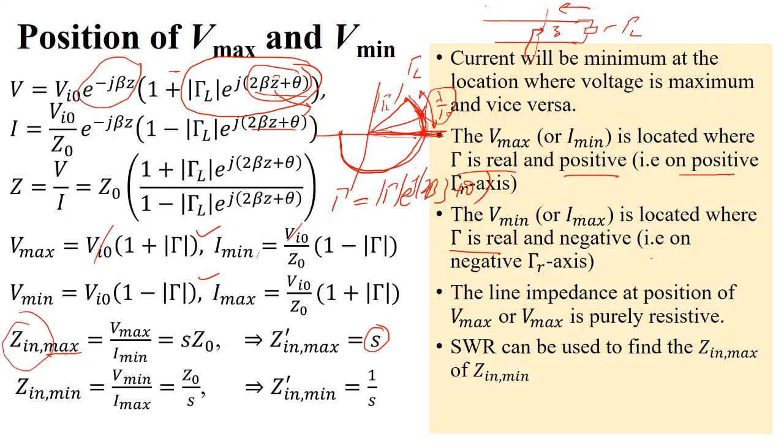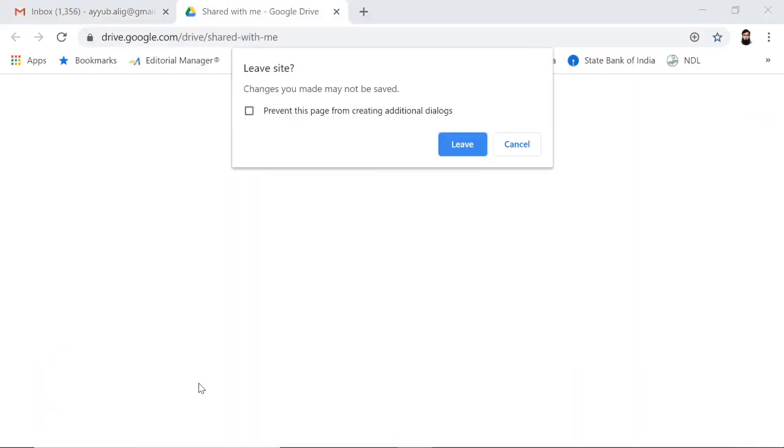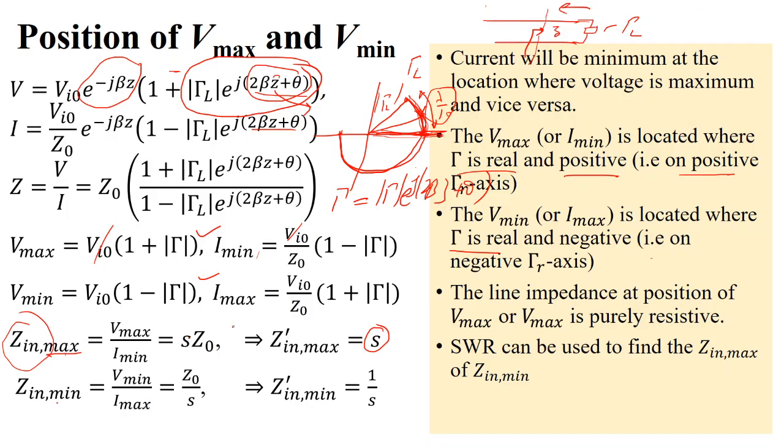This is a resistive line, so the reactive component of the load is always zero. This is the point: at the point of maximum voltage, you will have the resistive load. Similarly, at the point where the voltage is minimum, you have Z naught over S.